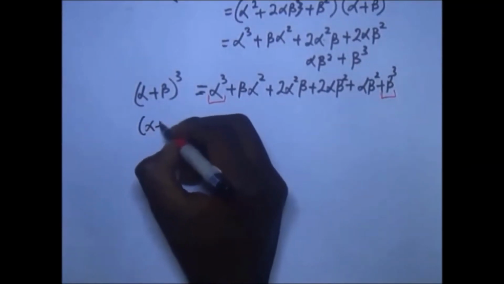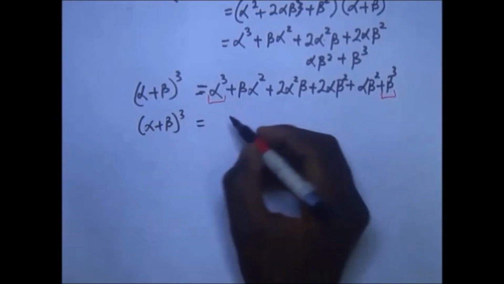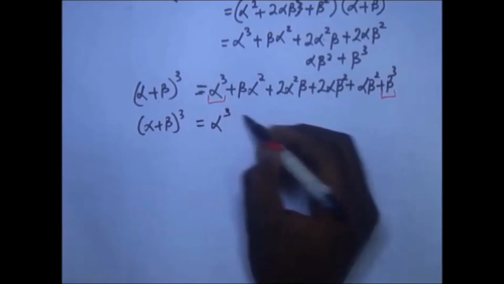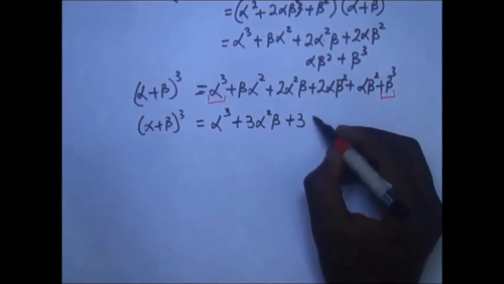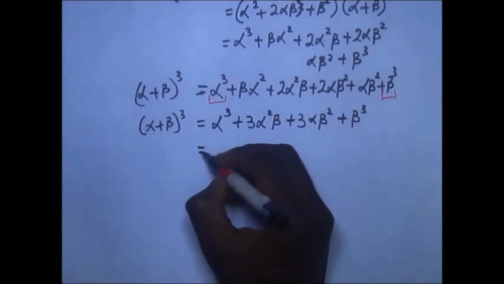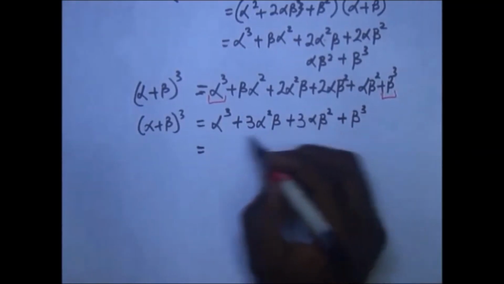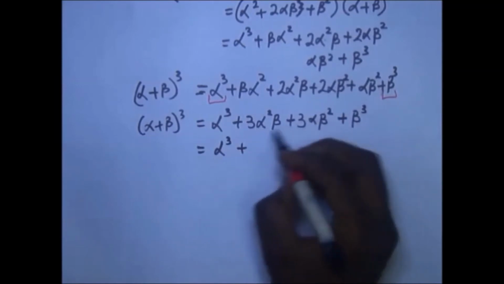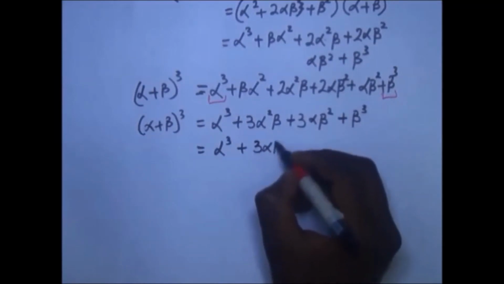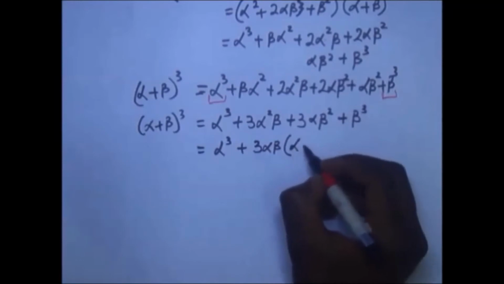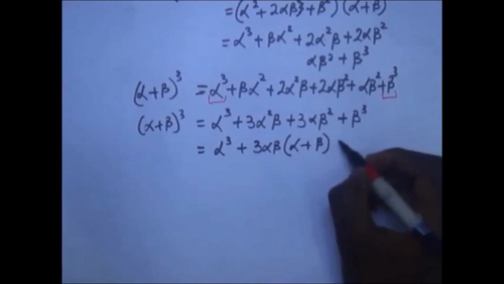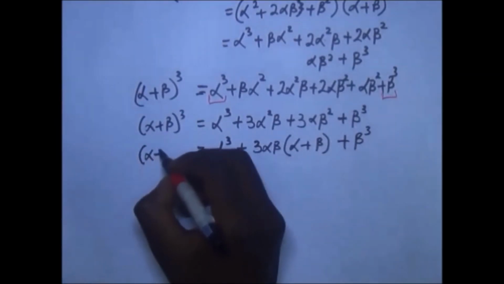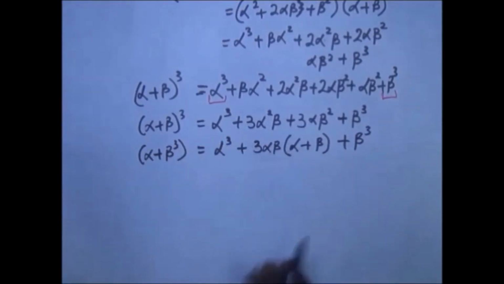So alpha plus beta cubed is going to give us, let's call this alpha cubed. So that will mean it's alpha cubed plus, let's pull out the common terms here, it's going to be 3 alpha beta into alpha plus beta, plus beta cubed, is going to give us alpha plus beta cubed.